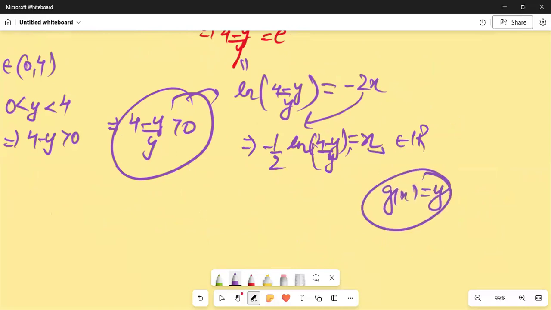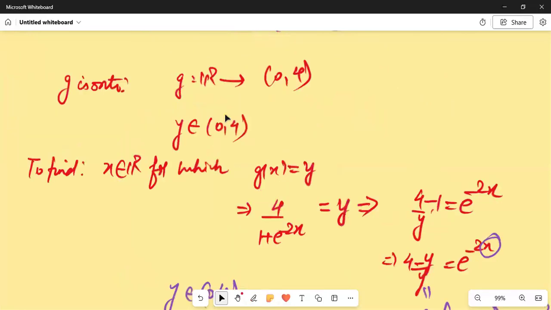That means our function is onto. Since g is both 1-1 and onto, you can conclude that g inverse exists. Although you don't need to check all these things in the exam, you should have an idea so that the concepts remain clear every time. Okay, so the existence of g inverse is proved.